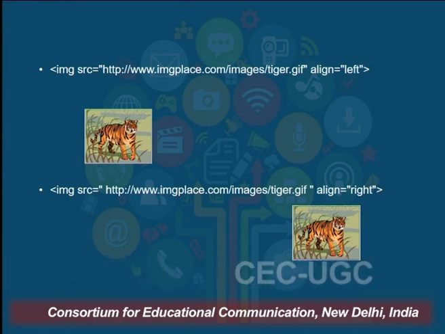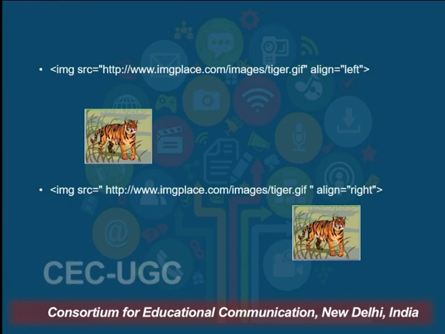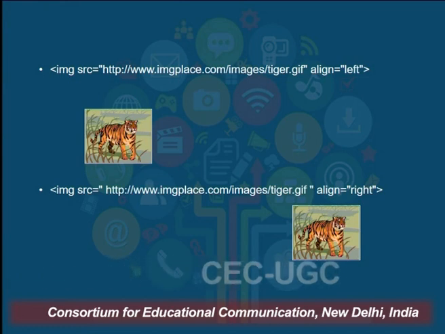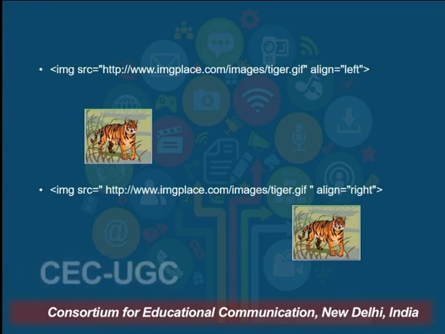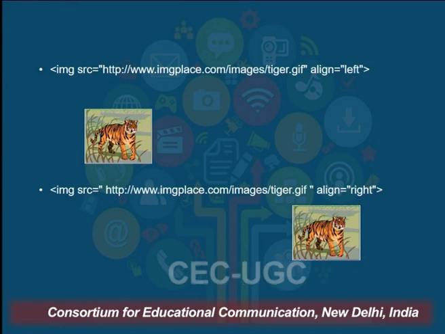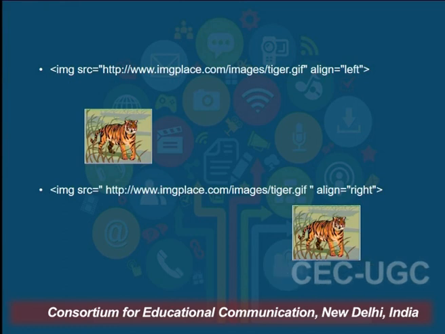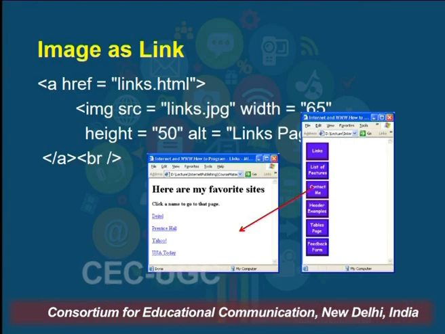But please note that the image tag is an inline tag. Inline means that wherever you insert it, it will come at the same place, it will not go into the next line. So one has to be careful while using the img tag with text.